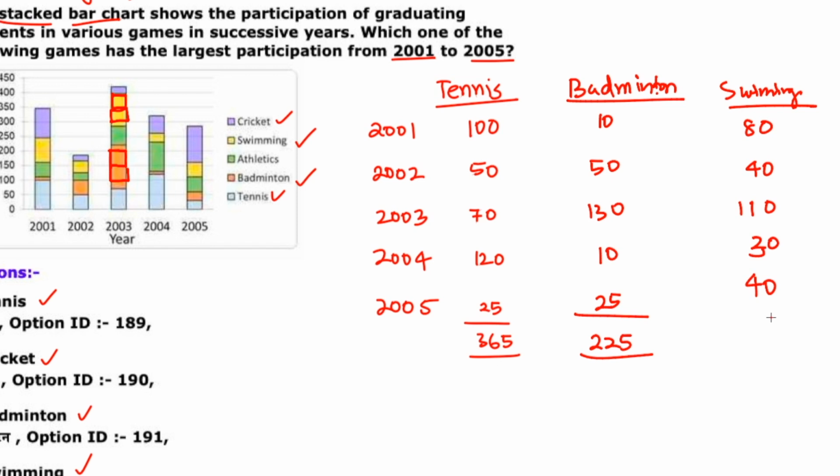It's not more, so if you count them out you are going to get 80 plus 40 is 120, plus 110 is 230, plus 70, so it is going to make 300. Okay, so this is going to become 300 now.